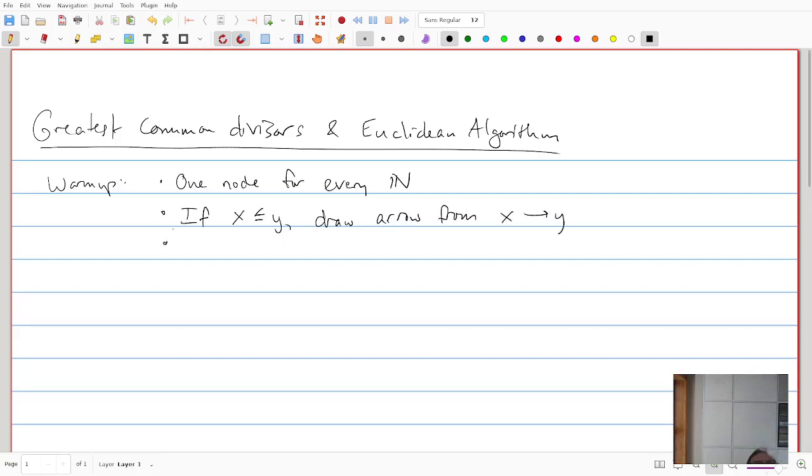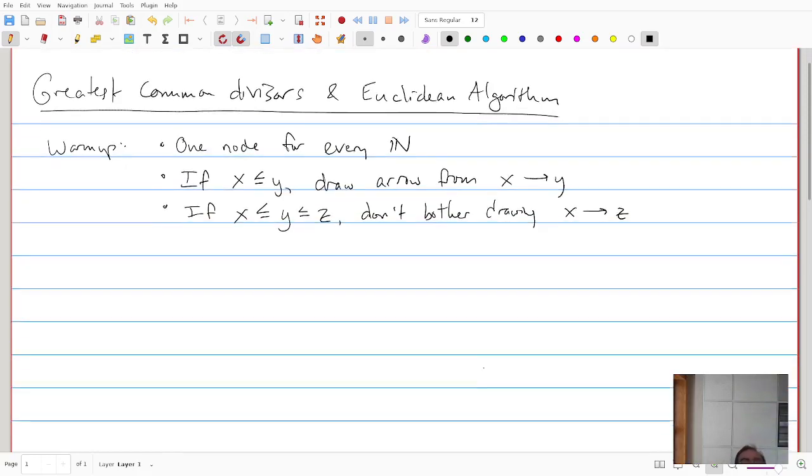Okay, but if x is less than or equal to y is less than or equal to z, I'm going to omit some arrows because they're boring. So we don't bother drawing an arrow from x to z, because there will be an arrow from x to y, and there will be an arrow from y to z, and so we won't draw the arrow from x to z. It'll just kind of be implicit because you get from x to y to z.